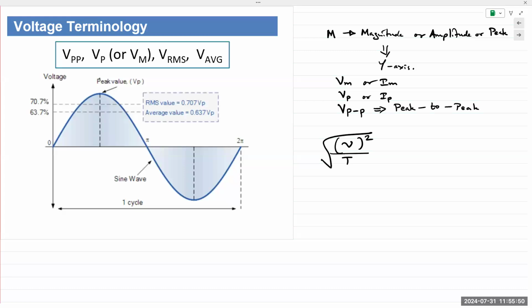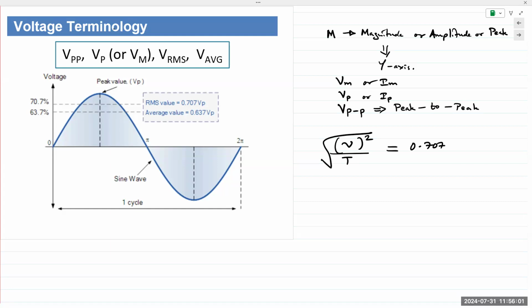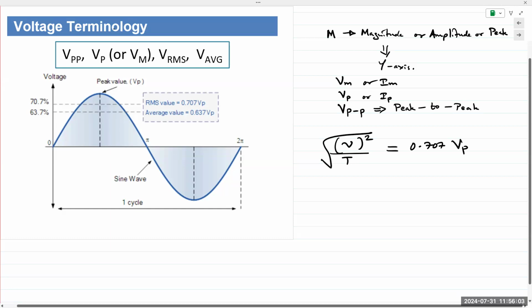For a sinusoidal waveform, it comes out to be 0.707 of your peak value. Think of it in these terms. You have a sine wave.